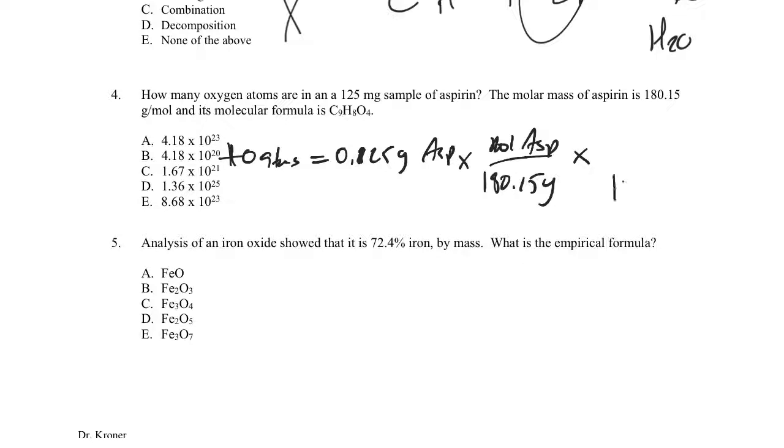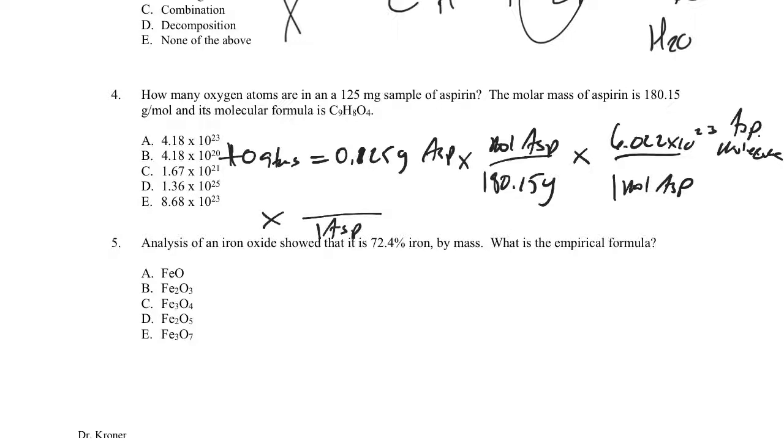And then we know for every 1 mole of aspirin, that's 6.022 times 10 to the 23 molecules of aspirin. And then 1 aspirin molecule, so one of those molecules contains 4 O atoms. So it's like we're saying mass to moles, moles to total molecules.